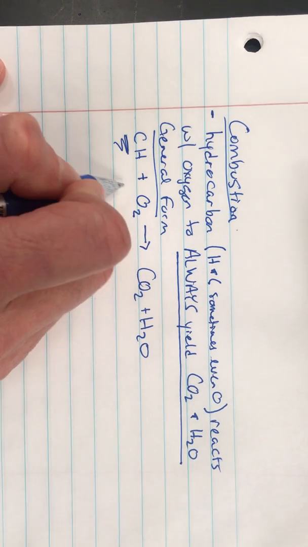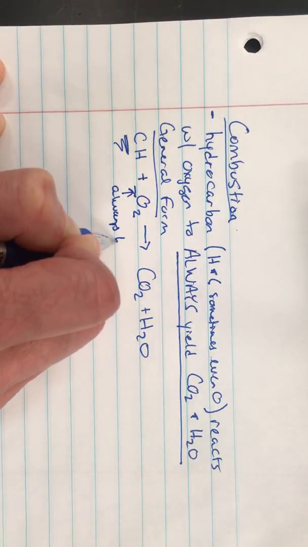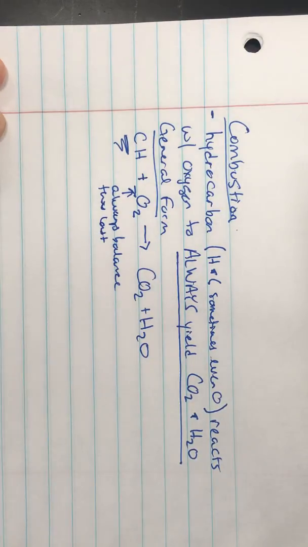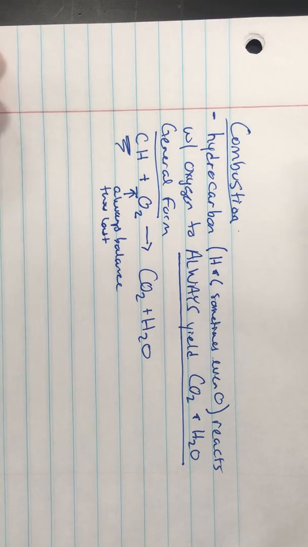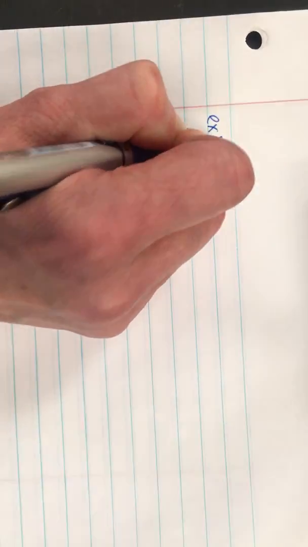Now I'm going to tell you that when it comes to balancing these, always balance your O2 last. And let's take a look at some examples for why I'm telling you to do that. So here we go. Examples.